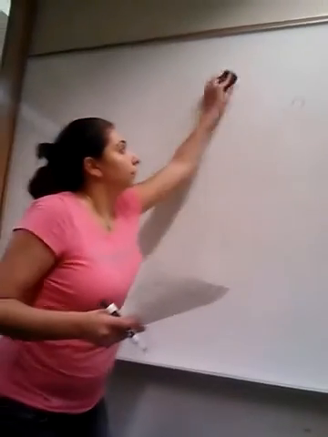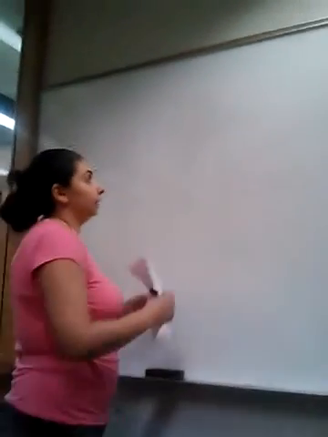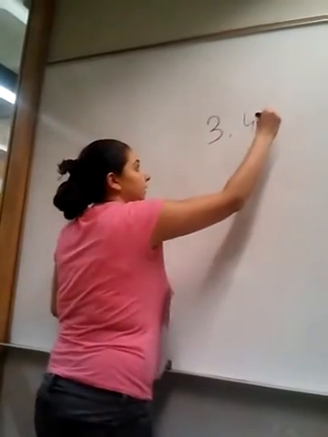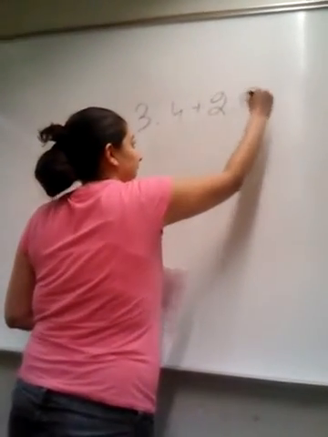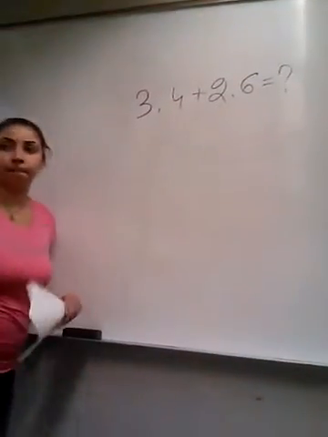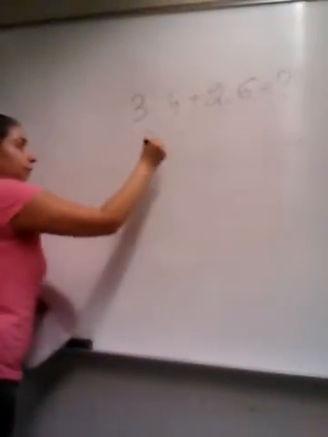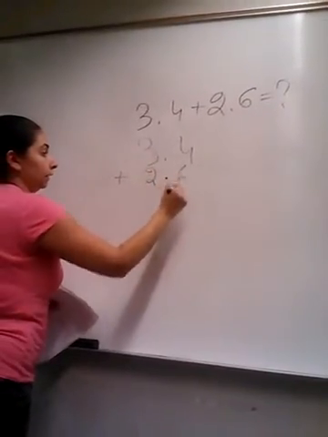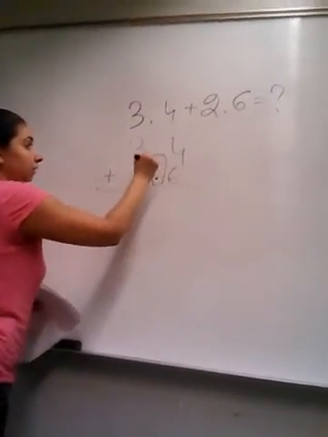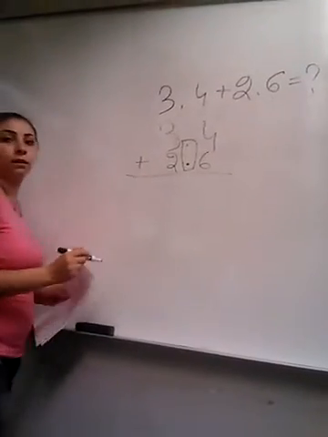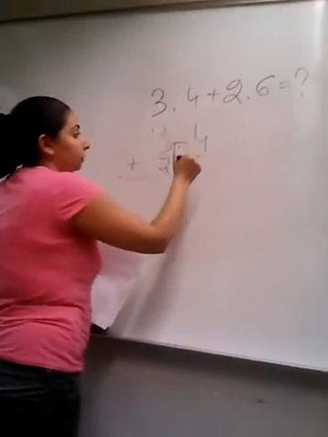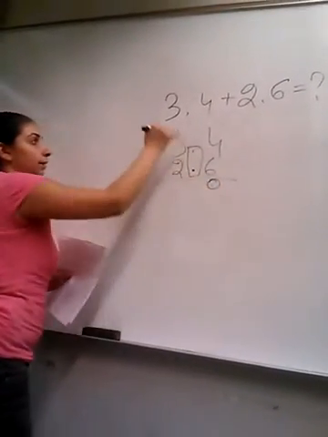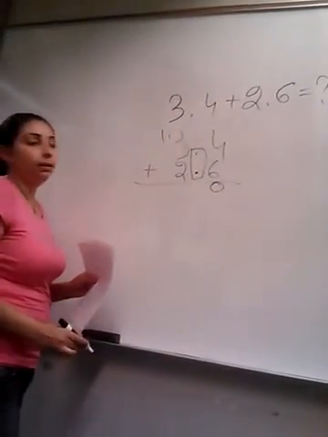So let's do another example about addition. We have 3.4 plus 2.6, with the dots under each other. So 4 plus 6 is 10, so we write 0 and put the 1 here.